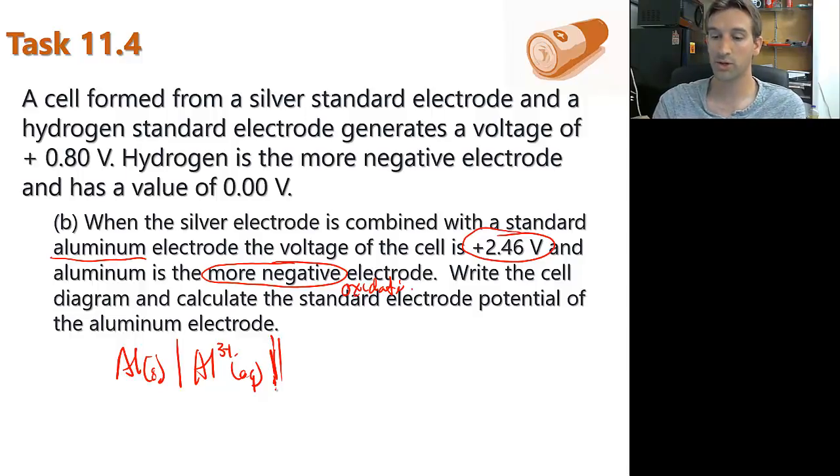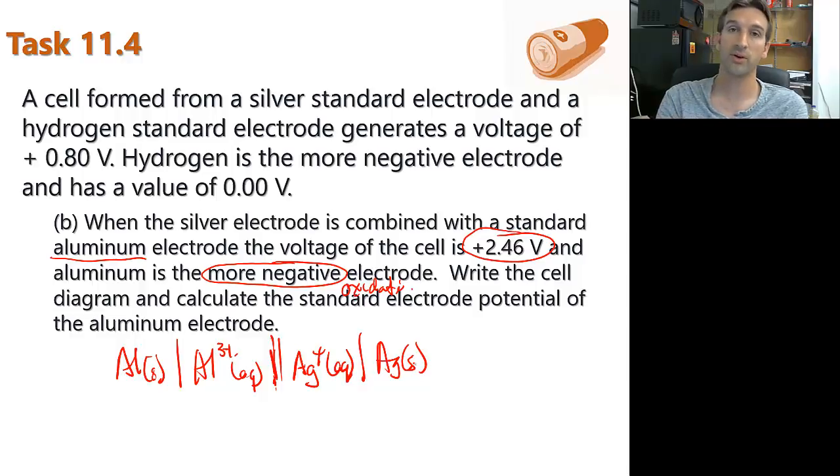So this is where reduction occurs. It's the silver, sorry. Silver ions in solution are going to be reduced to silver solid. We don't need platinum in this case because we have metal plates on both sides where we can have a collection of electrons.